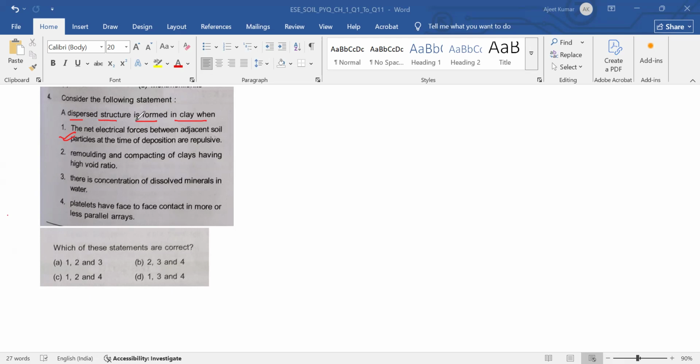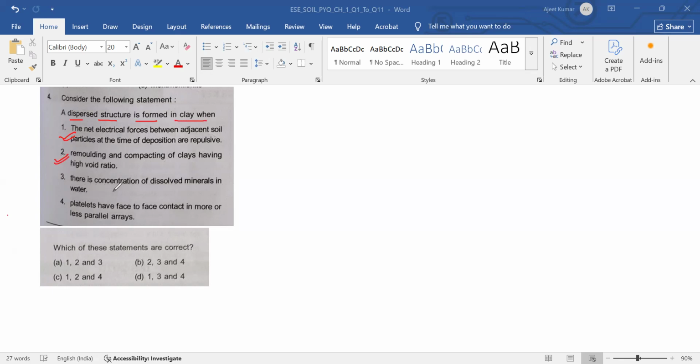A dispersed structure is formed in clay when remolding and compacting clays having high void ratio. Yes, this statement is also correct.